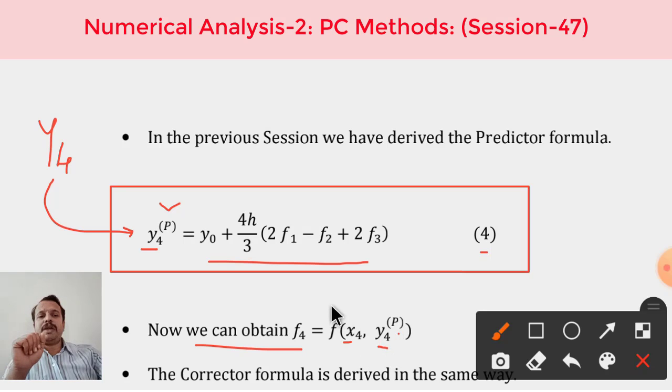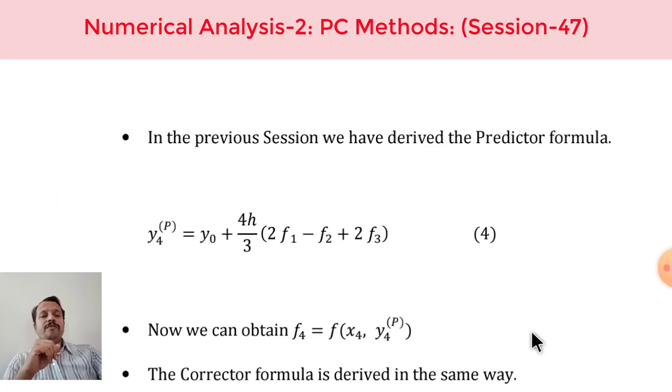Now by using the definition of f, we can find the value f4, and that f4 we can incorporate in the formula, and then we can improve the value of y4. That improvement is done using a formula called the corrector formula. So that formula we are going to derive right now.